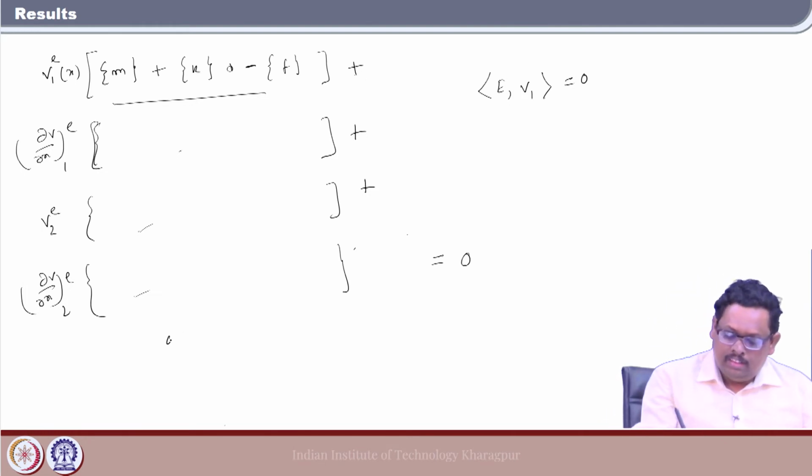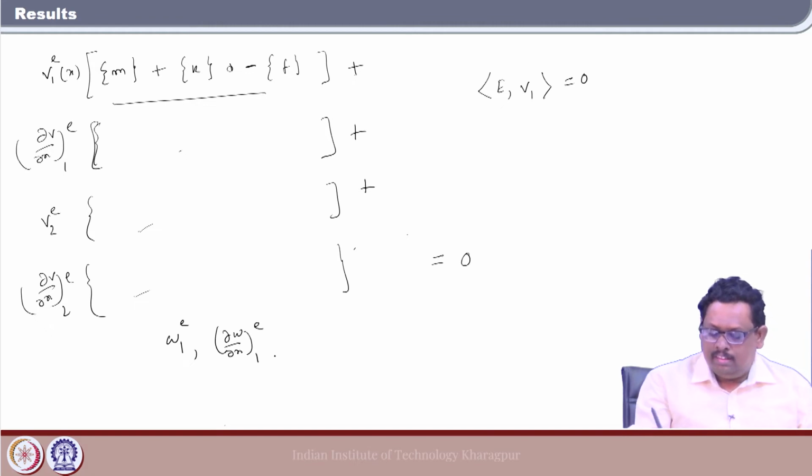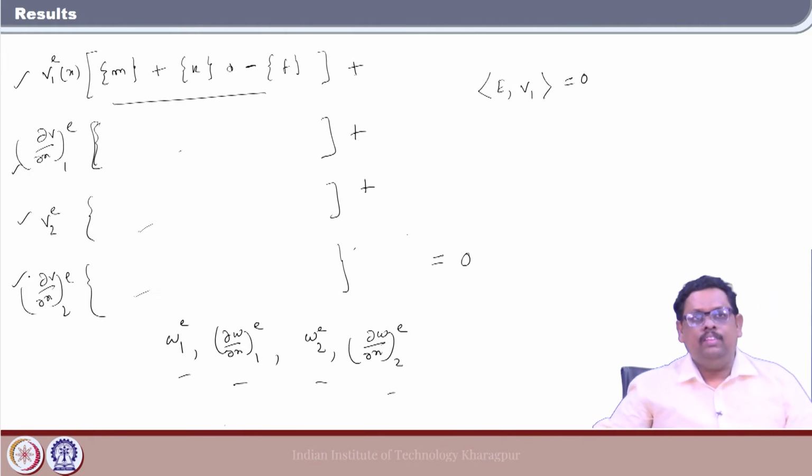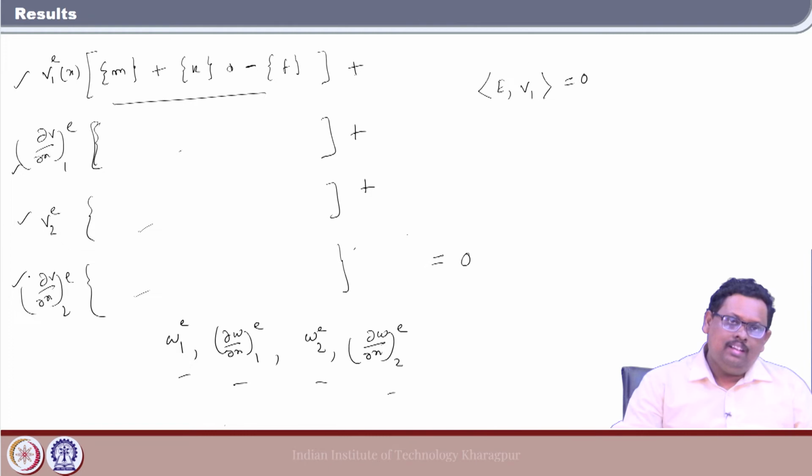My 4 unknowns are W 1, del W del x for 1 for each element, then I have W 2, and then I have del W del x 2 for each. So, I have these 4 unknowns, and individually all these 4 equations should be equal to 0, right, is it not. So, for each element you have this, right, is it not.